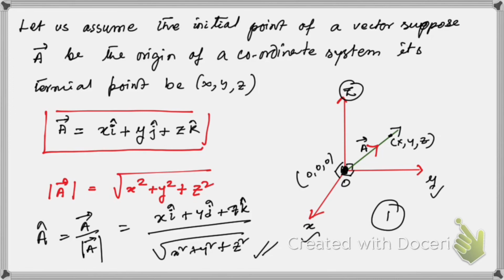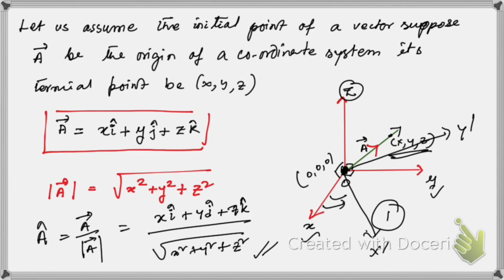These are topics that you have already studied in earlier classes at senior secondary level, before you come to graduation. The next topic will be how to represent the coordinates of a point in polar form, x, y, z in polar form. After that we are going to discuss the rotation of axes. What happens if we rotate the axes? Suppose this is x dash and this is y dash.